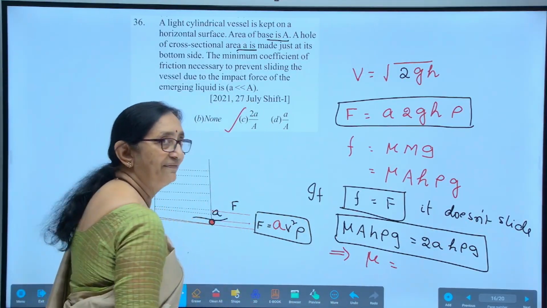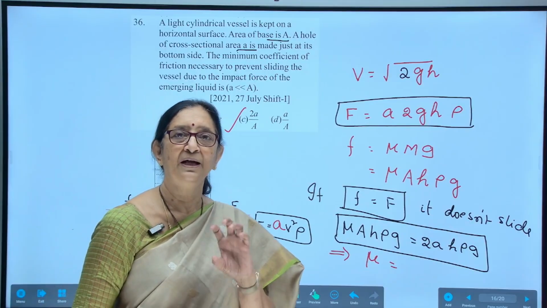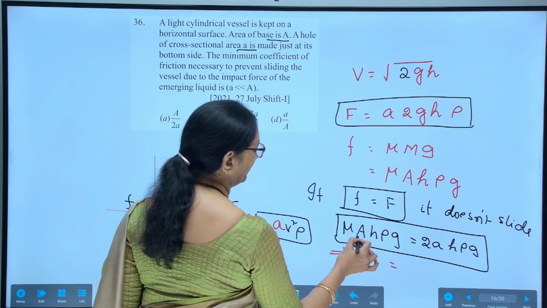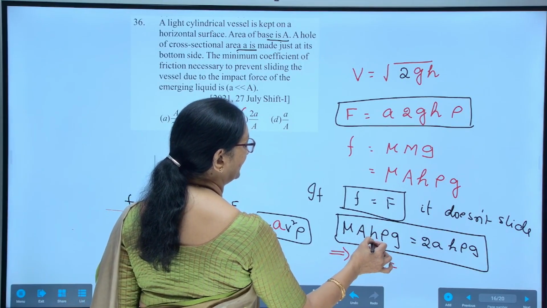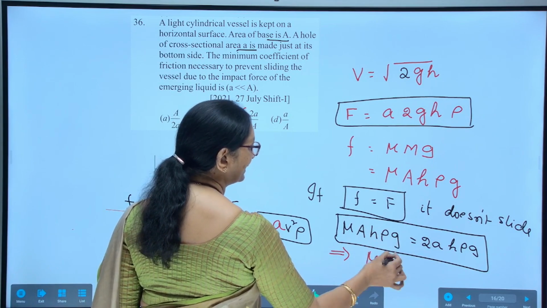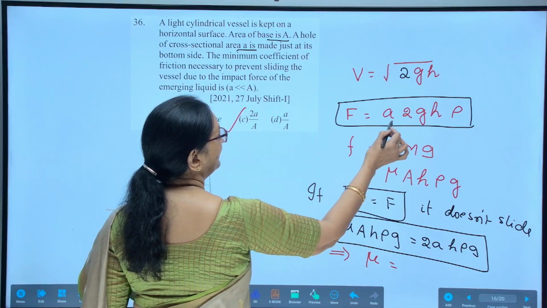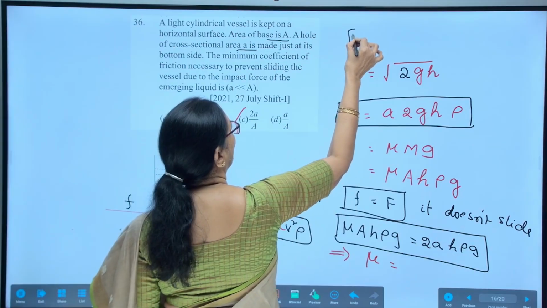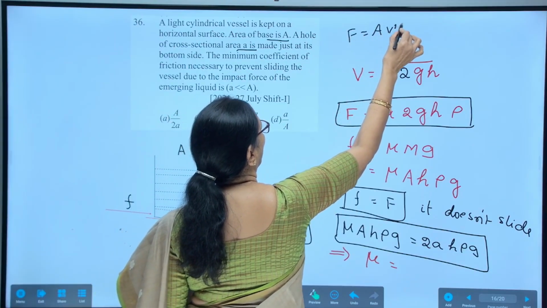What is F? F is the frictional force, mu into mg. M is volume into density. Volume is area of cross section, height of the liquid column, into density of the liquid, and then g. That is equal to F, and F is equal to A V square rho.